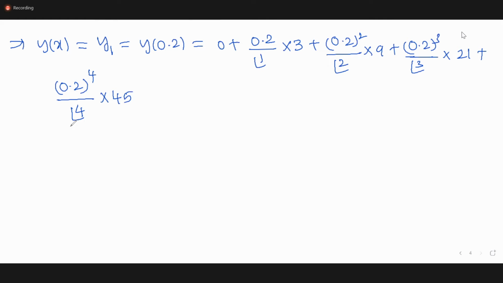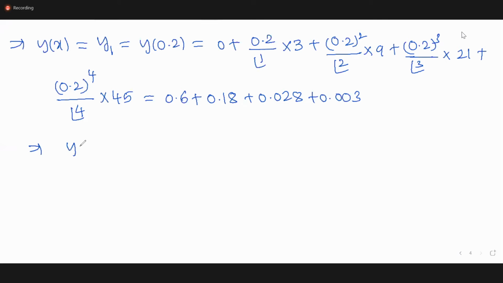Simplify. This is 0.6. This is 0.18. This is 0.028 value. And the last value is 0.003.